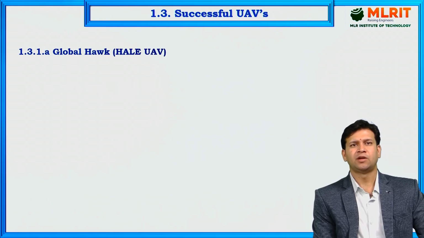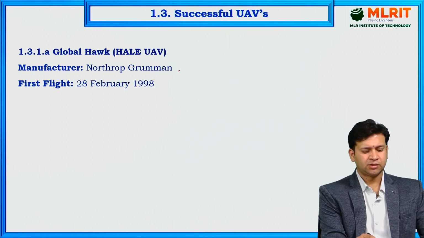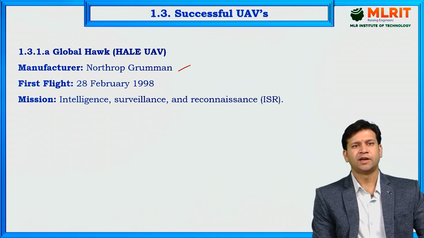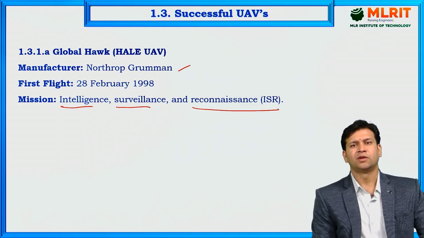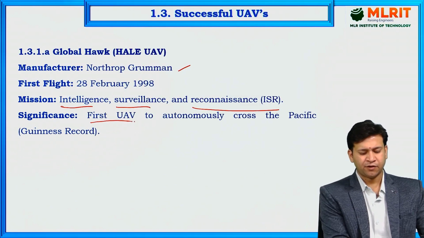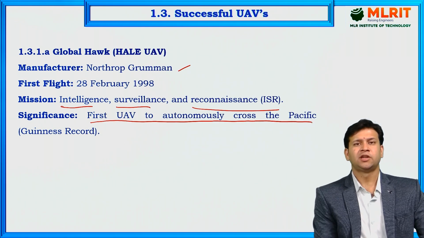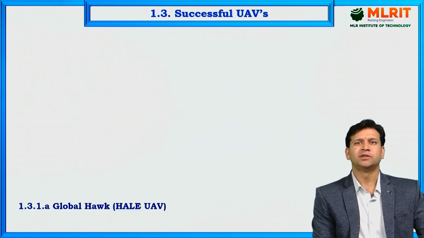A few successful unmanned air vehicles: Global Hawk, which was made by Northrop Grumman in the year 1998 with the objective of intelligence, surveillance and reconnaissance. It is the first unmanned air vehicle to autonomously cross the Pacific, which is a Guinness record. It operates at high altitudes for long endurance.